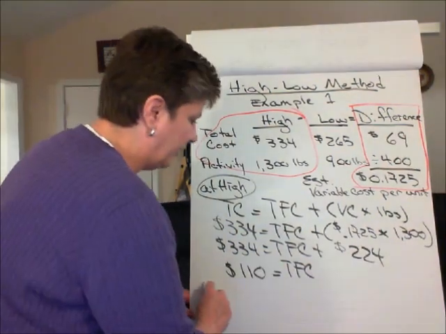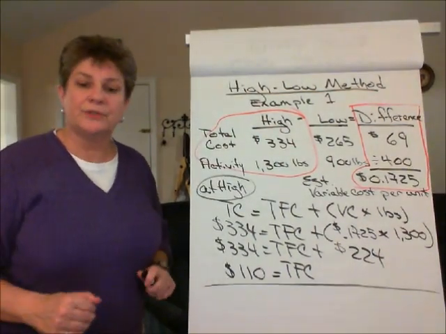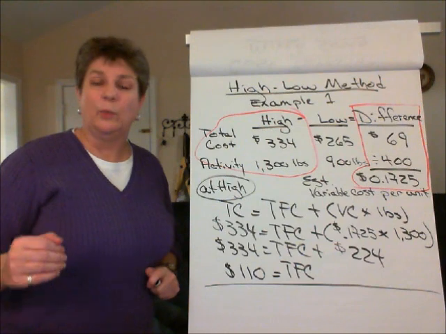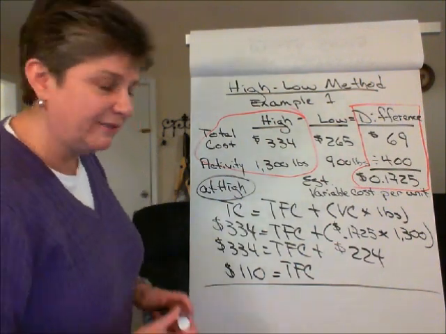And then once we've got that, we can now place this into a cost estimation formula that we can use for planning what our shipping costs will be at different activity levels.